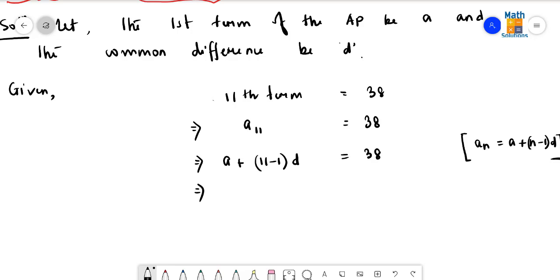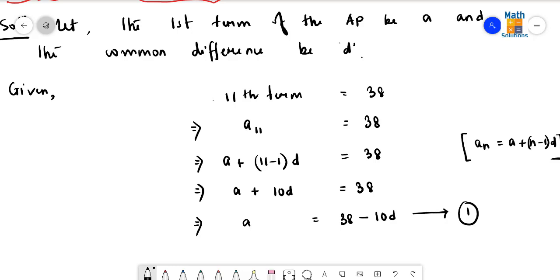So I get here a plus 10d is equal to 38, and then a is equal to 38 minus 10d. So let us mark this as equation 1, where I have taken out the value of a in terms of d so that I can substitute this result of a in the second equation.